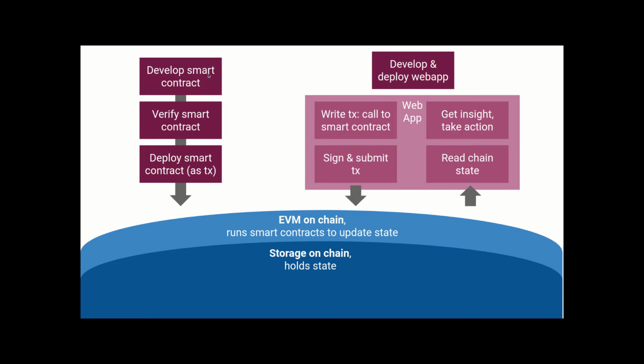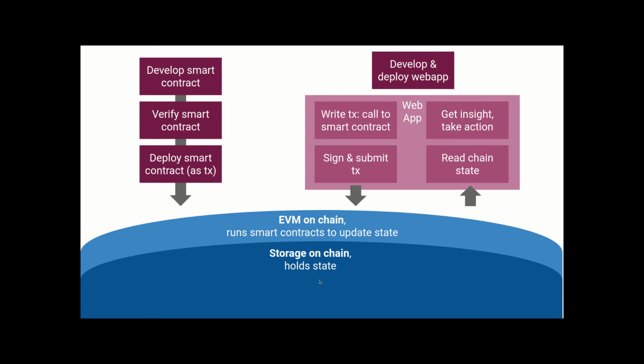Step 1 would be you develop the smart contract, and I'll drill into what tools you use for that soon. You develop the smart contract, then you somehow verify it, and then finally you deploy it as a transaction onto the blockchain. And then the blockchain, you can think of it as this thing in the cloud, this decentralized cloud that's just out there, right?